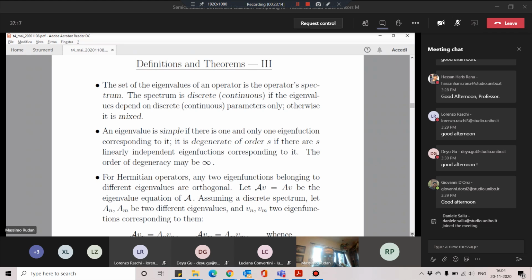So in that case, the spectrum is continuous, okay? There is a third possible case that we did not examine. There are cases in which the eigenvalues are made of two sets. One set is continuous and the other set is discrete, okay? This may happen easily. So in this case, the spectrum is called mixed.